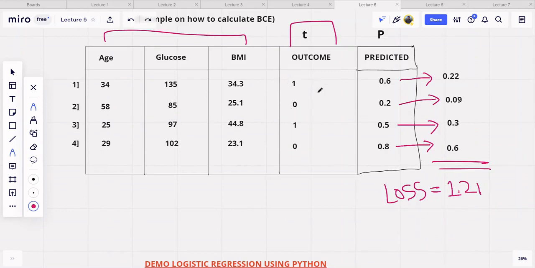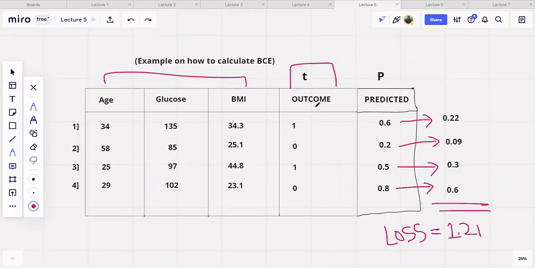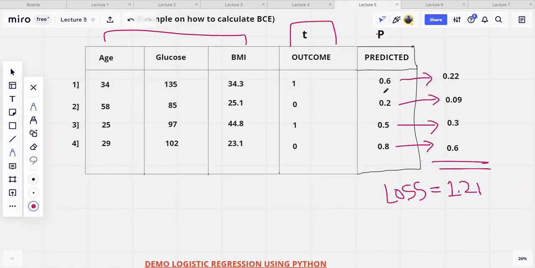This is a binary problem, therefore we have 1 and 0 here, where 1 represents yes and 0 represents no. The outcome column contains the true values, and the predicted column represents the probabilities that the model has predicted.